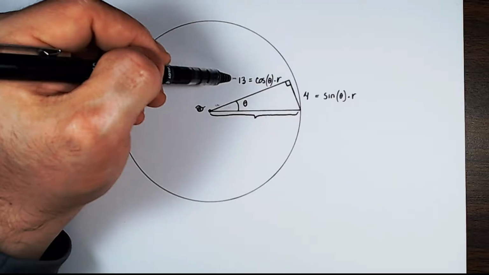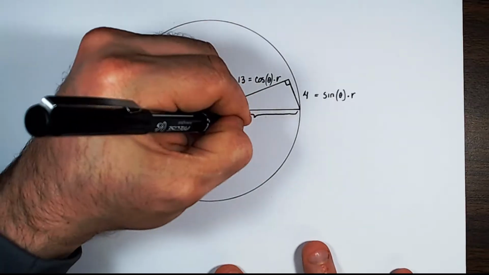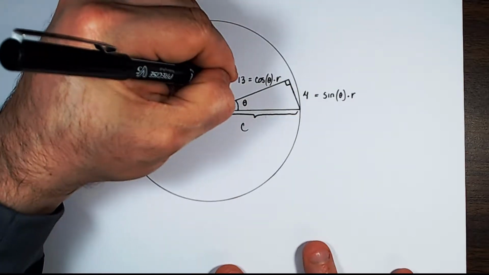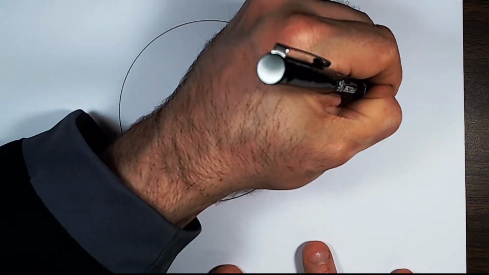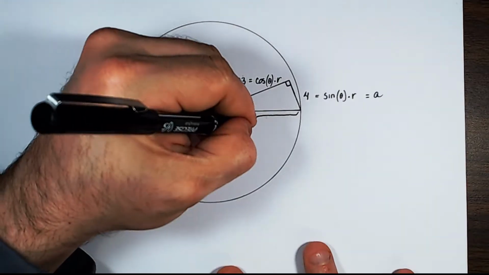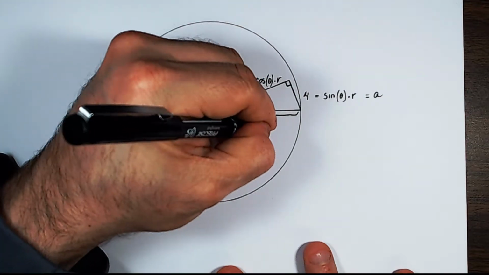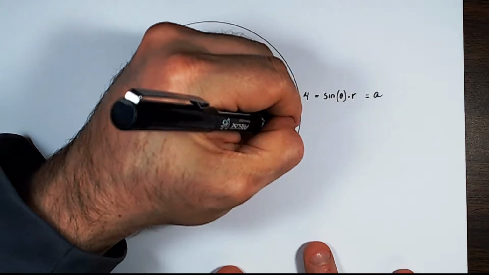We might as well use the Pythagorean theorem to find this side, which we'll call C. We'll call this side B, and we'll call this side A. So C is the radius of the circle. It is also the hypotenuse of the right triangle.